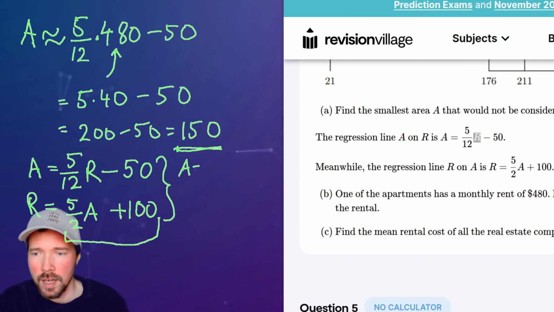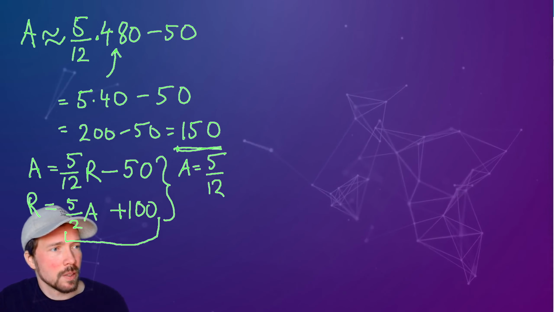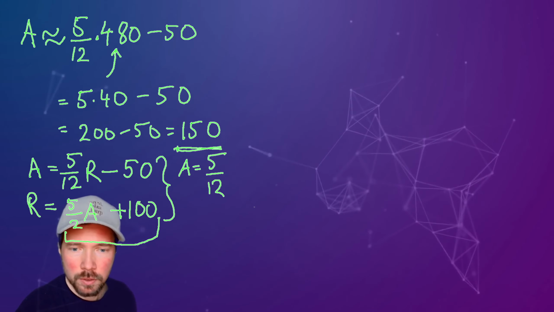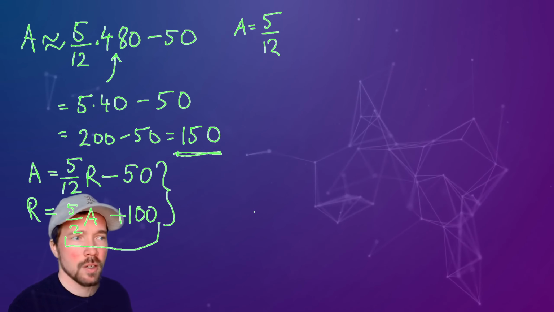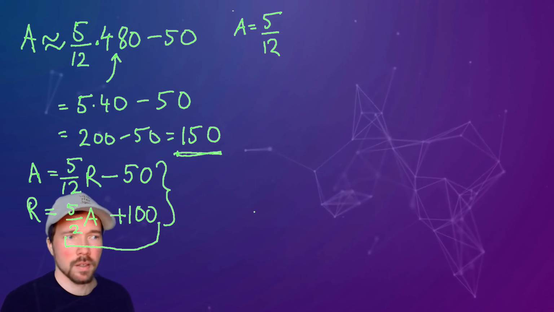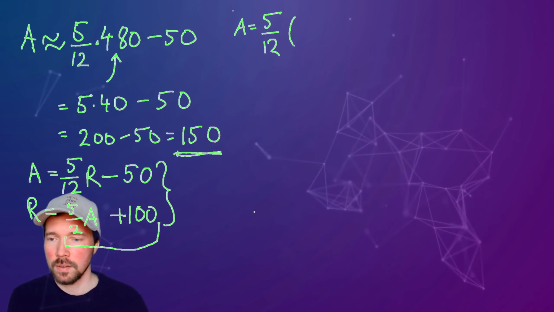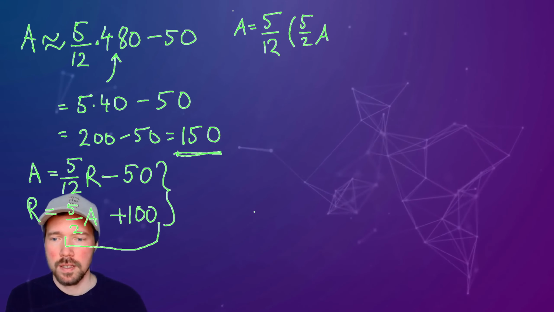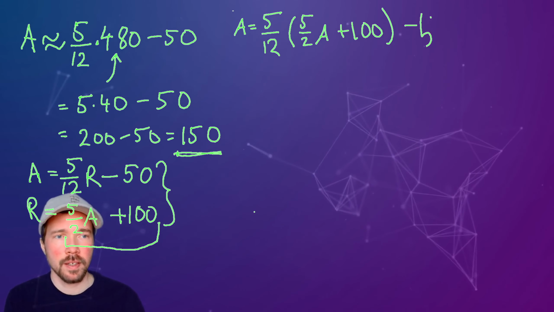So then we get that A equals 5/12. And now you will see this only if you are on YouTube. Actually, I'm going to move this here and let's do it. Okay, so R is this minus 50.